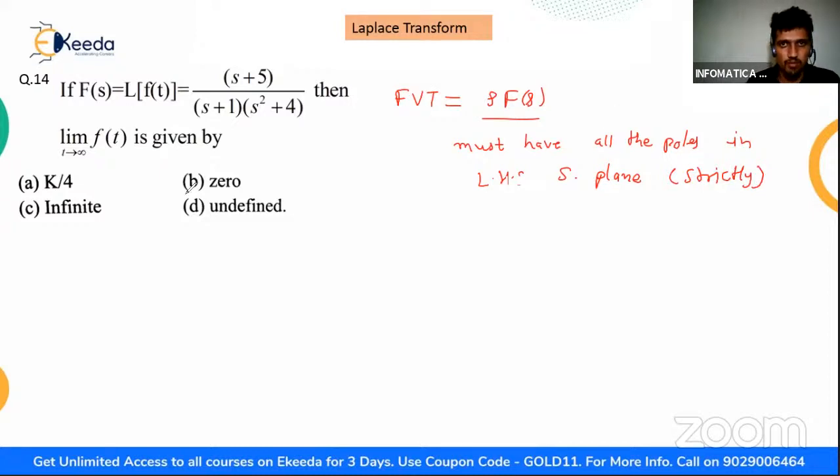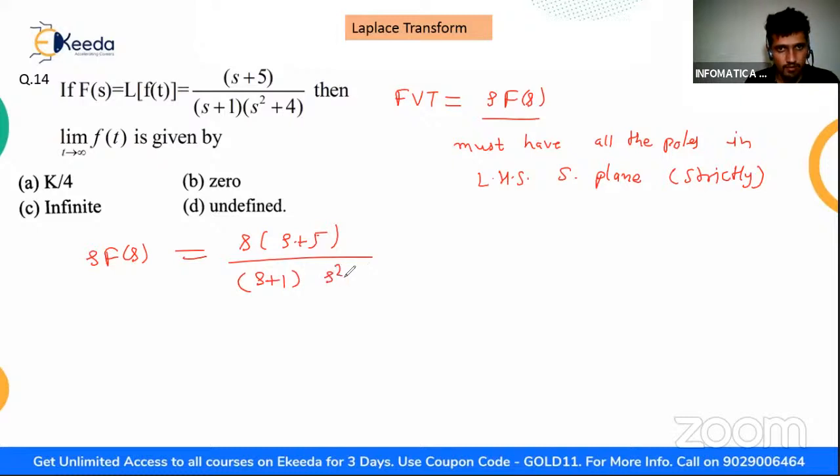In our case, what is sF(s)? sF(s) is basically s multiplied by s plus 5, divided by s plus 1, s square plus 4.